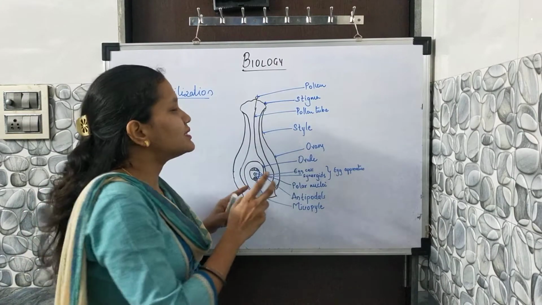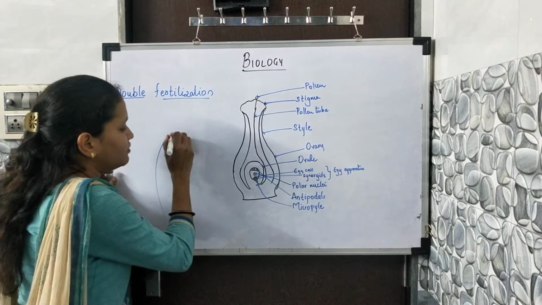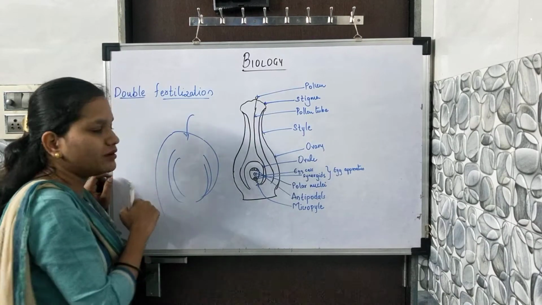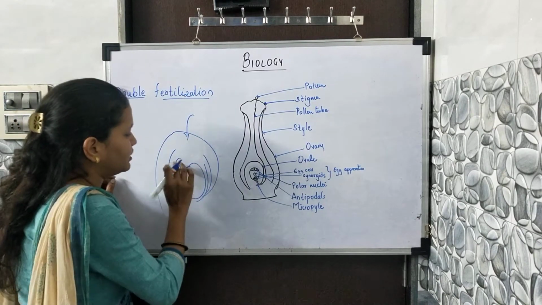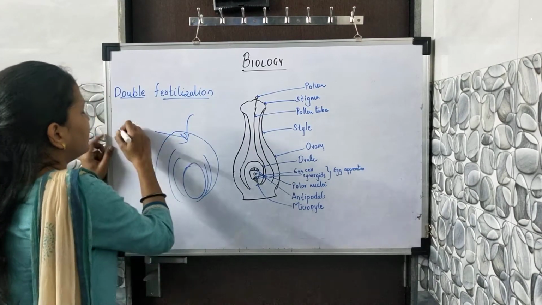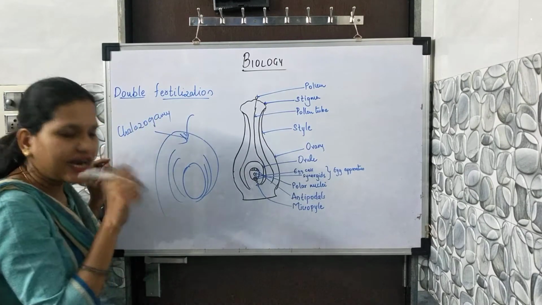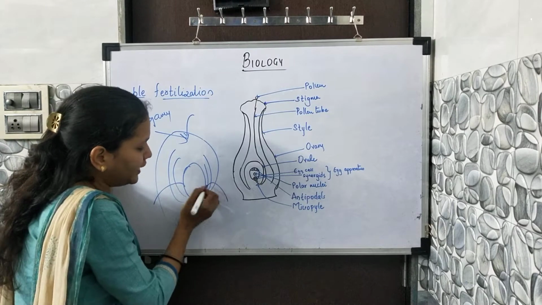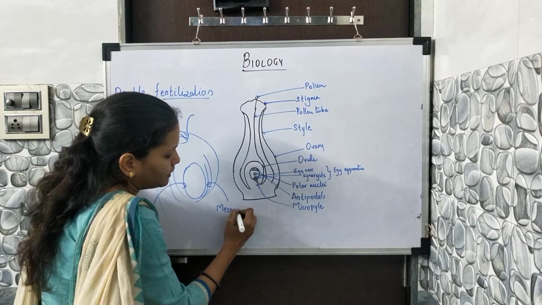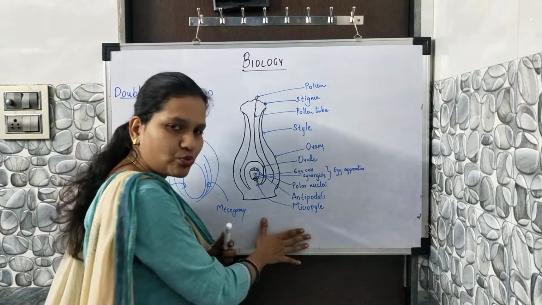Second, if the pollen tube is entering through the chalaza, which we have discussed in the concept of the LS of ovule, from above, and these are the integuments, the phenomenon is called chalazogamy. And if the pollen tube is entering through the integuments, the process is called mesogamy.